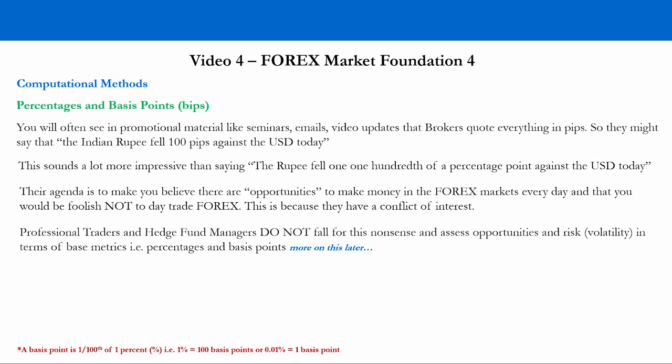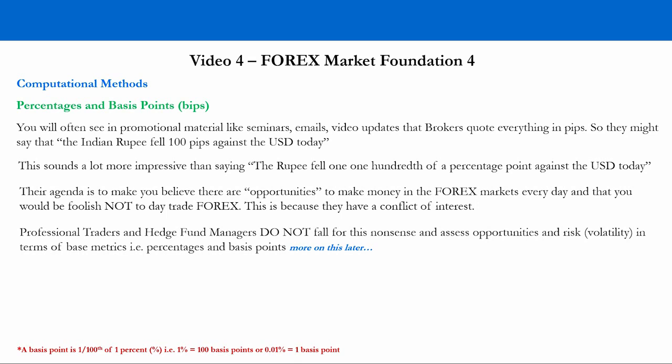It sounds like a much bigger move than saying the rupee fell 1/100th of a percentage point against the US dollar today. That's because their agenda is to always make you believe that there are opportunities to make money in the Forex markets every day, and that you'd be a fool not to trade Forex or even day trade it.